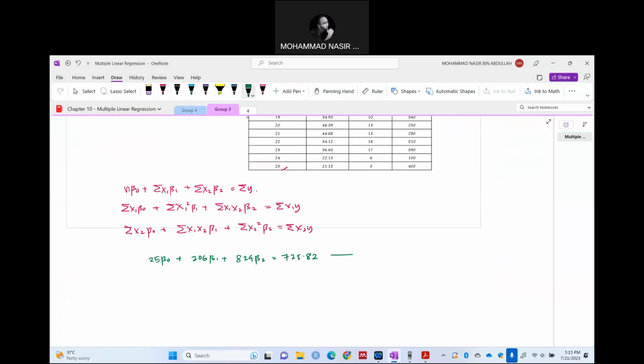So this is the first equation. Second equation is summation of x1 is 206 beta naught plus summation of x1 square 2396 beta 1 plus 77177 beta 2 equal to 8008.47. This is the second equation.